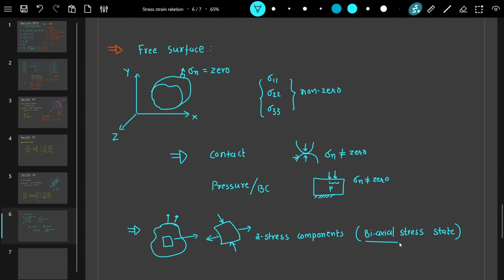These concepts you will hear in fatigue analysis. Anyways, this particular slide is for additional information, and I hope you find this helpful or useful.